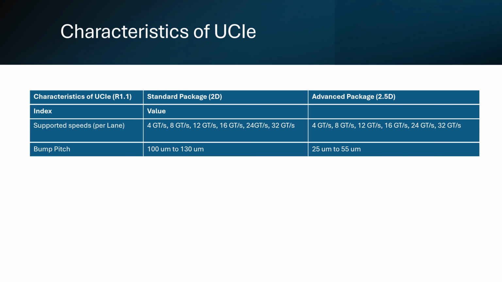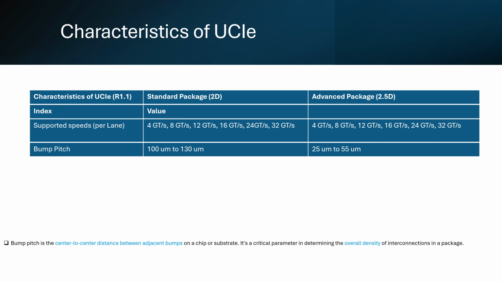Bump pitch. As I mentioned, the 2D or standard package uses C4 bumps, where the bump size is bigger and the bump pitch is bigger compared to 2.5D microbumps. The bump pitch in this case is 100 microns to 130 microns, whereas the advanced package or 2.5D uses microbumps, which we can also call copper pillars, whose bump pitch is 25 microns to 55 microns.